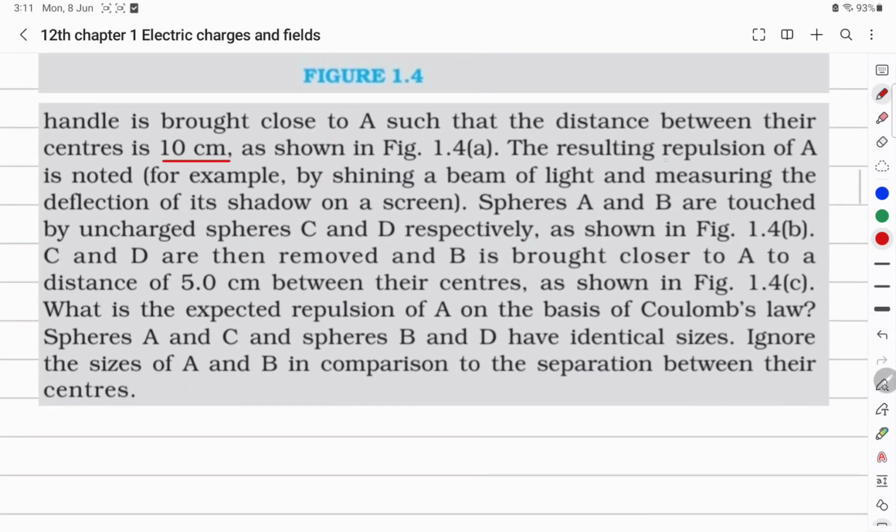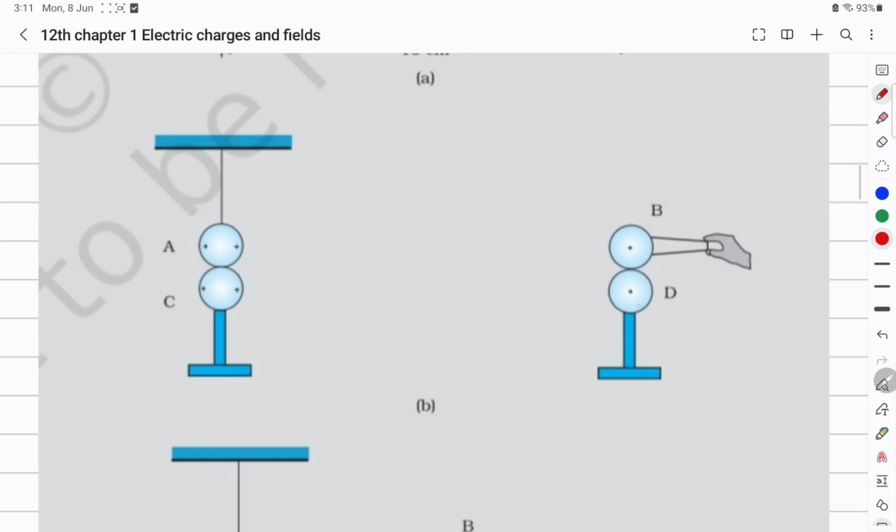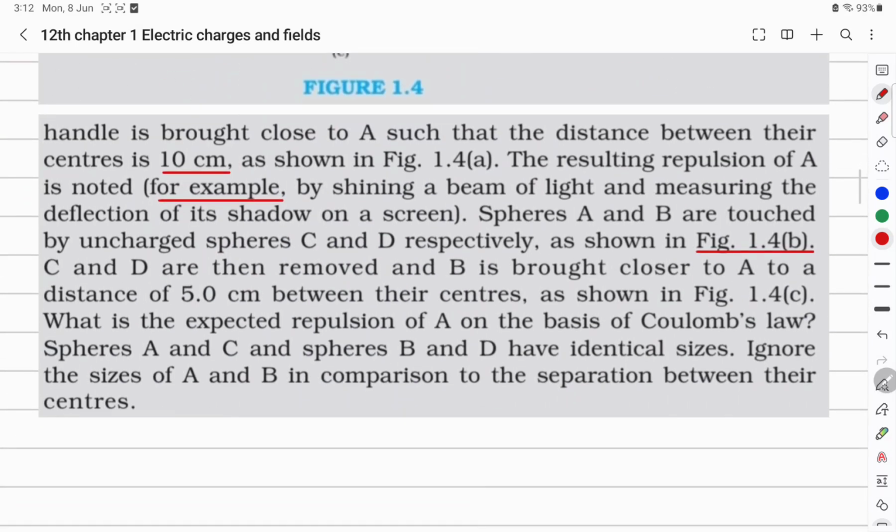And then the resulting repulsion of A is noted, for example, by shining a beam of light and measuring the deflection of its shadow on the screen. Spheres A and B are touched by uncharged spheres C and D respectively, as shown in figure 1.4b, like this.